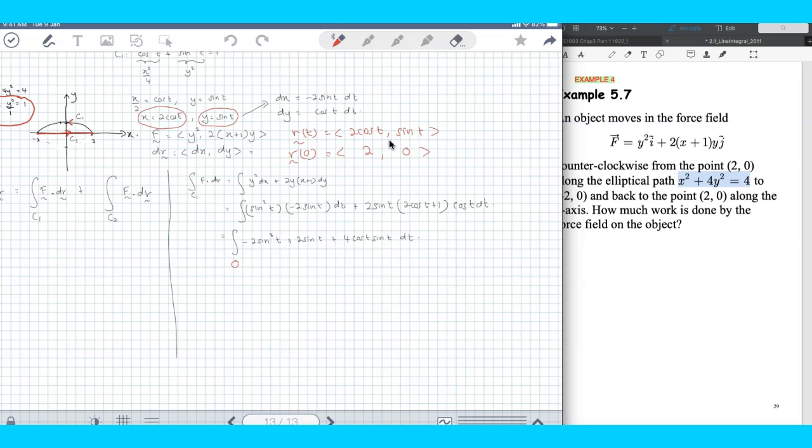Now you have to determine for what t you have minus 1 for the cos, and then the sine t becomes 0.